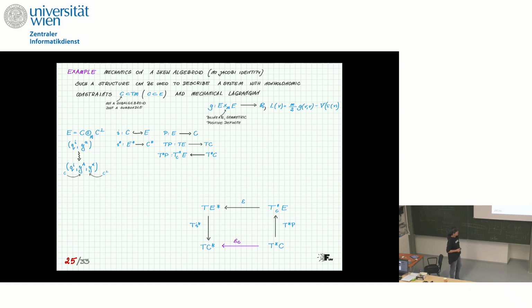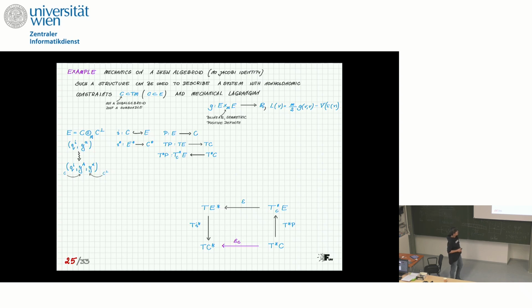So I go this way, but then I apply my algebroid, and then I go down by the tangent map of E star, and what comes out is another map similar to that, but what I'm going to lose here going around is the Jacobi identity. If I started with something that fulfills the Jacobi identity, and if C is not a subalgebroid, then this will be just a skew algebroid with no Jacobi identity.